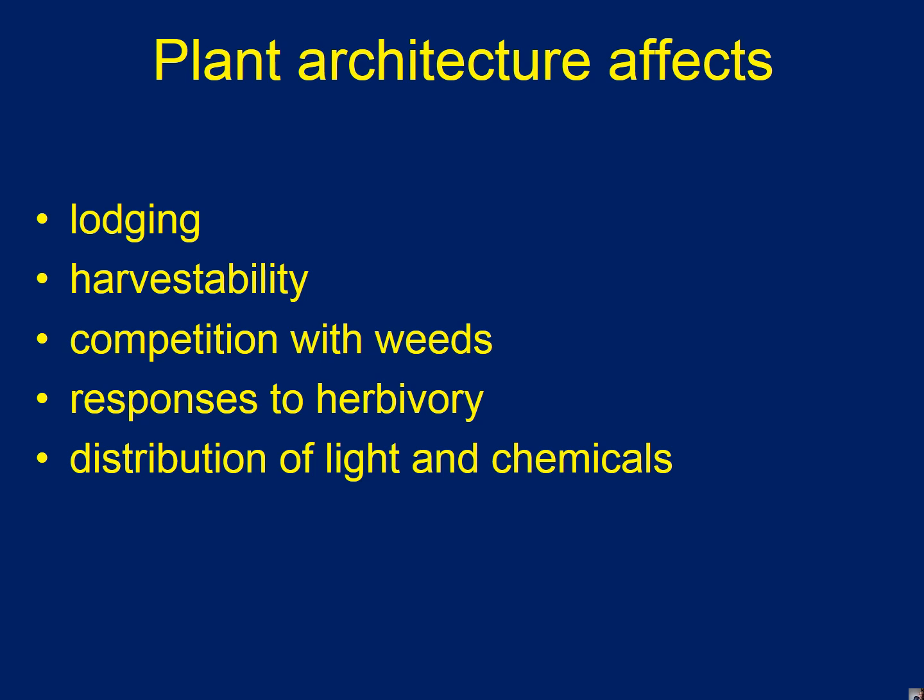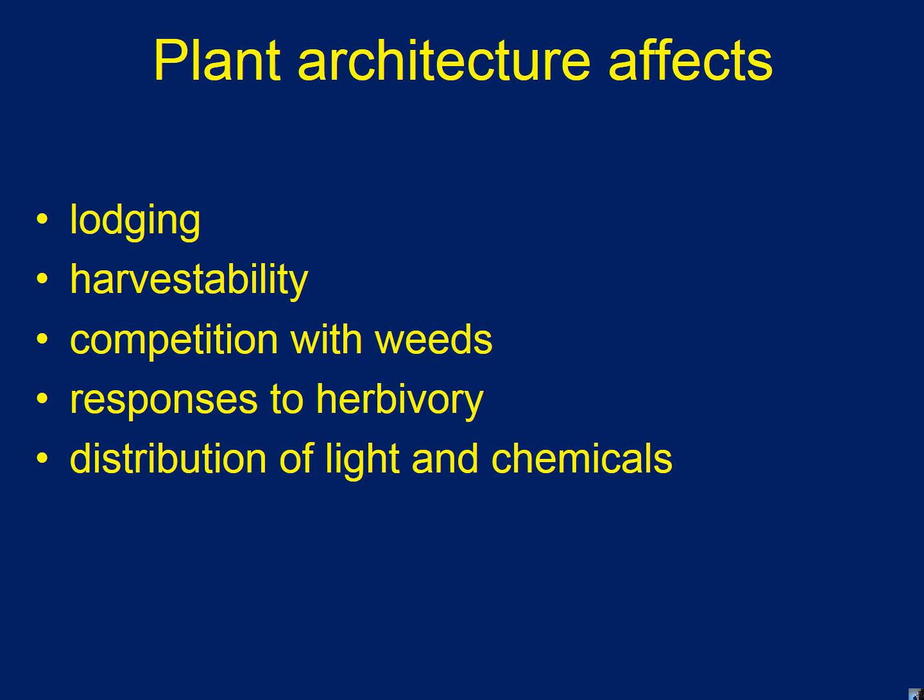The plant architecture is very important in agronomy because it affects the lodging risk of the crop, the harvestability of the crop, the competition with weeds, the responses to herbivory.